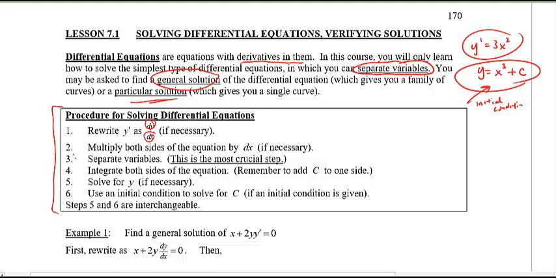Once again, separating the variables is the most critical step. And then after we do that, we have to integrate both sides, because of course we don't want to have a differential equation anymore. We want to have the original equation. And then we will solve for y. Okay? So I know it's kind of fuzzy with these procedures, but let's go ahead and actually do a question.